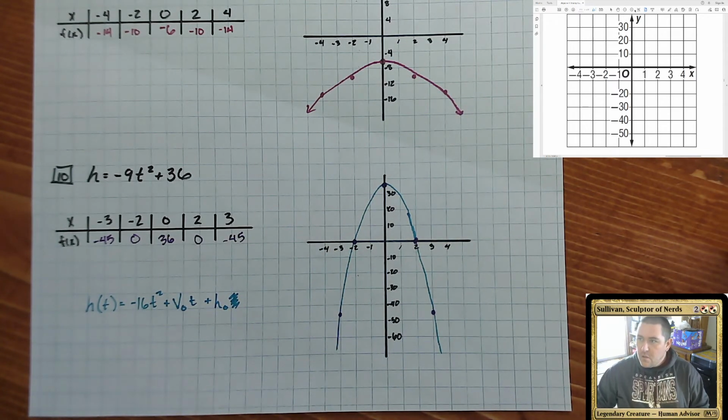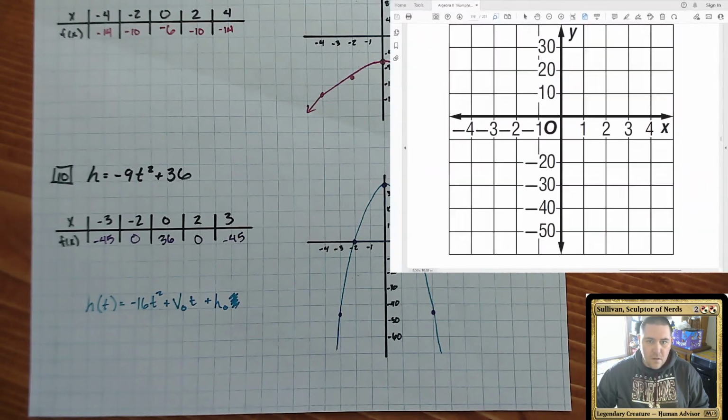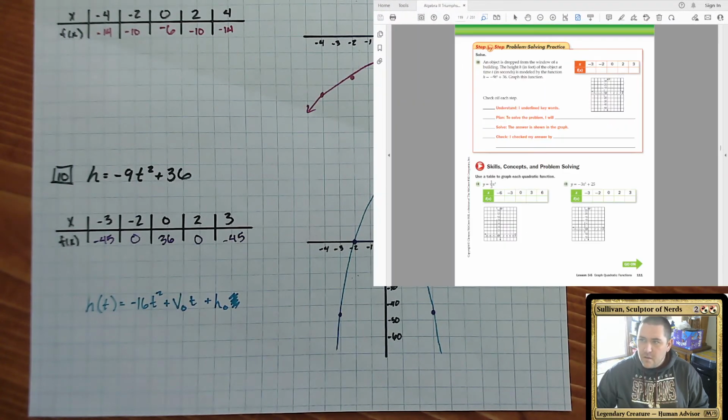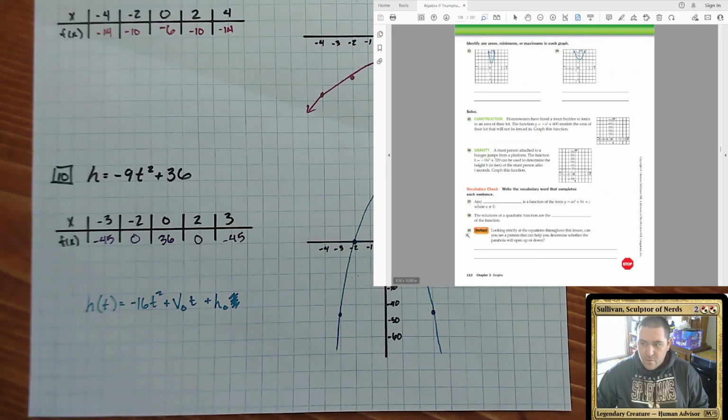So you have until Monday to finish it off. Okay? Starting here on page 111, you're going to do number 11 through 19. Hit the stop sign and you're done. So you have a grand total of 6 of these that you have to graph. You might even be able to get it done right now, if not in Spartan time.